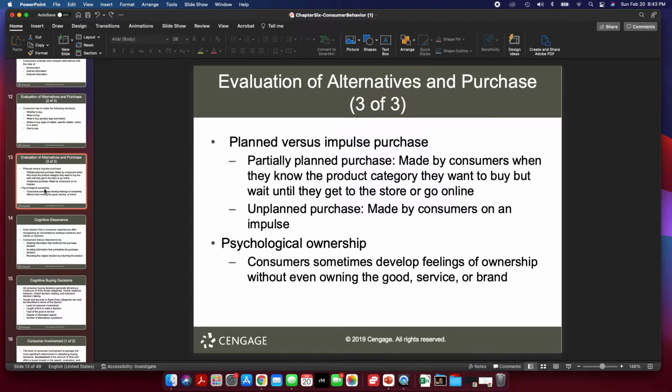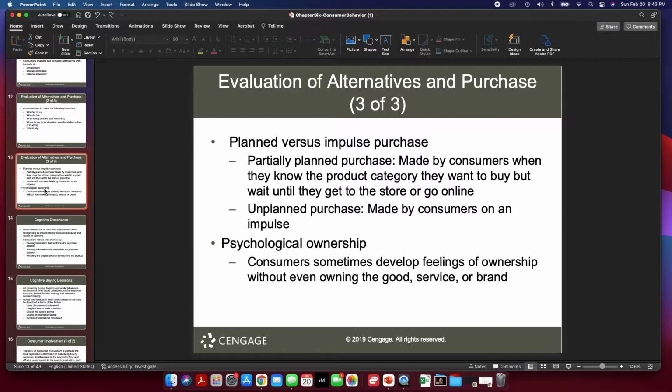So planned versus impulse purchase. Planned purchases are made by consumers when they know the product category they want to buy, but wait until they get to the store or go online. An unplanned purchase or an impulse purchase is made by consumers on an impulse. So think about it.